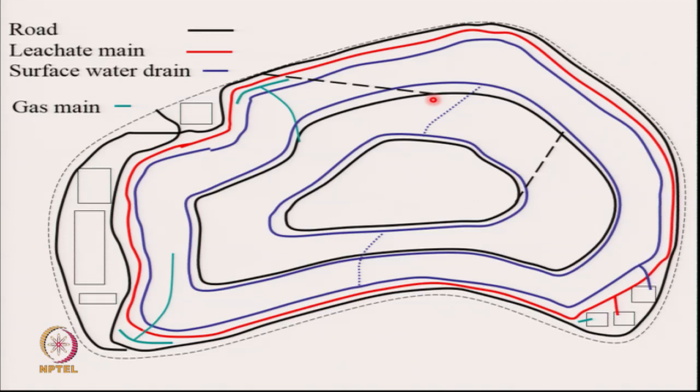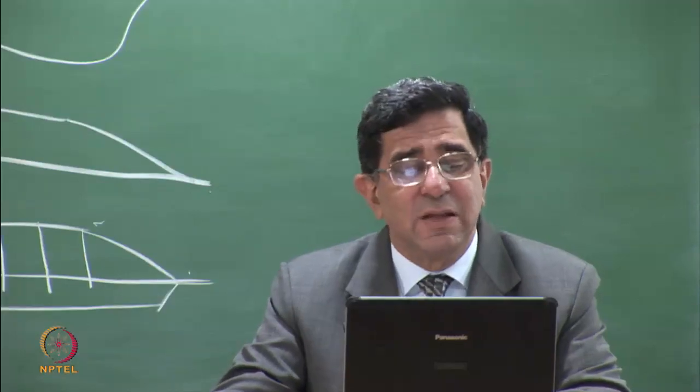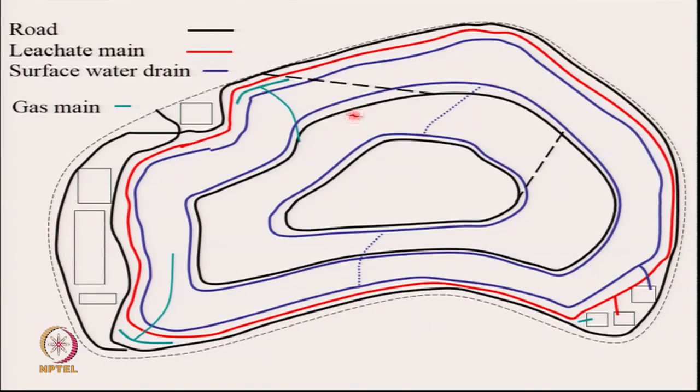And you can travel up this road. The berm is at a particular level. Then you can travel up this and come to the top. So you have access for everything. And remember, this is dotted with gas wells, and there is vegetation, and this is the entire area, how it has developed.